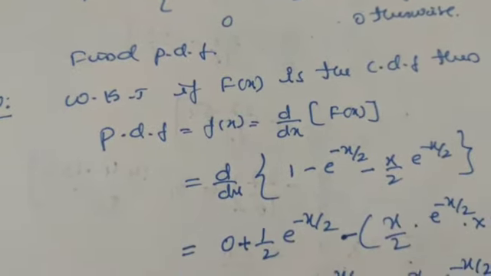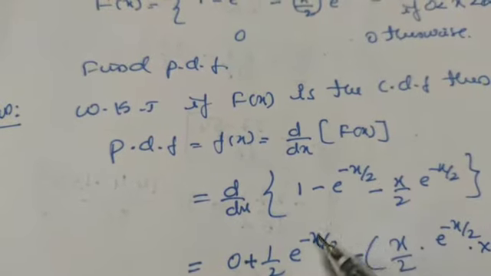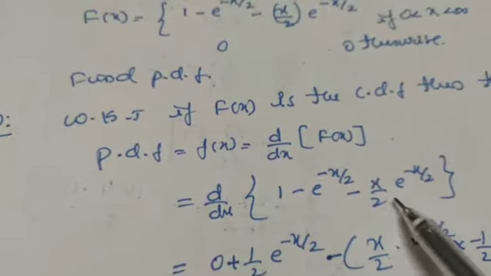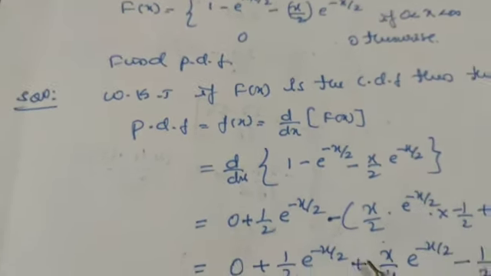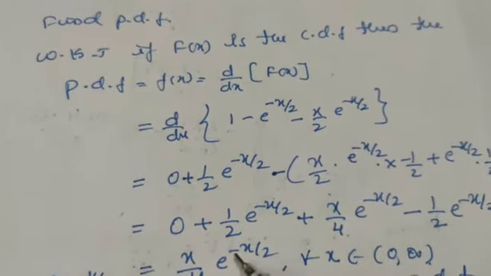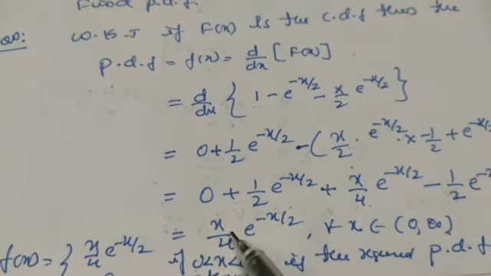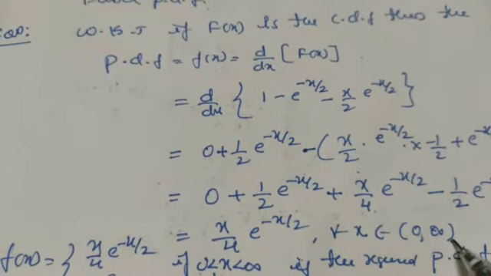Differentiate this. The derivative of 1 is 0. The derivative of e raised to minus x by 2 is e raised to minus x by 2 into minus 1 by 2, so it becomes plus. And minus, again it is a product of two functions, x by 2 into e raised to minus x by 2. Apply the differentiation of a product of two functions, and simplify, you will get x by 4 into e raised to minus x by 2 for all x belonging to 0, infinity.